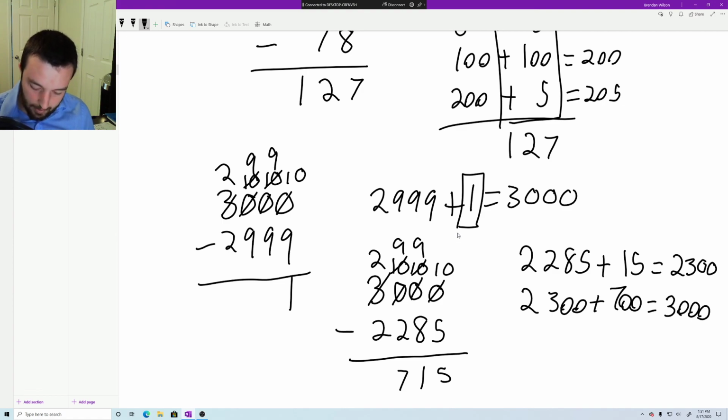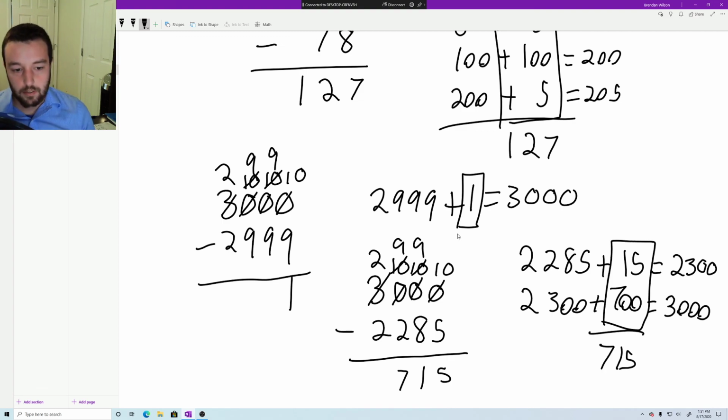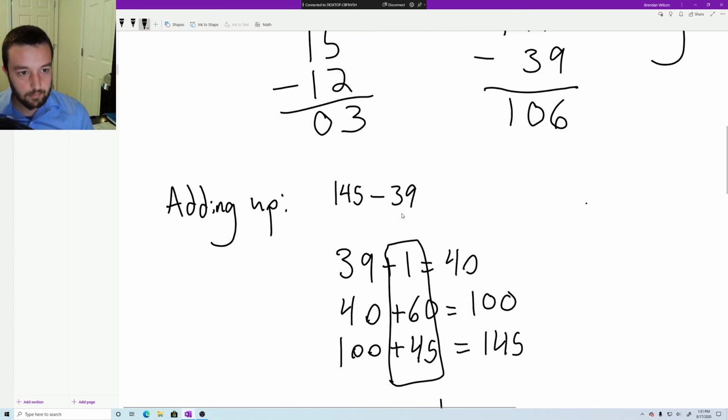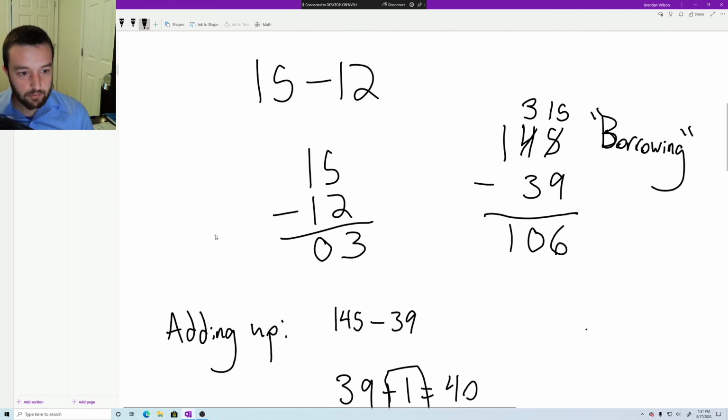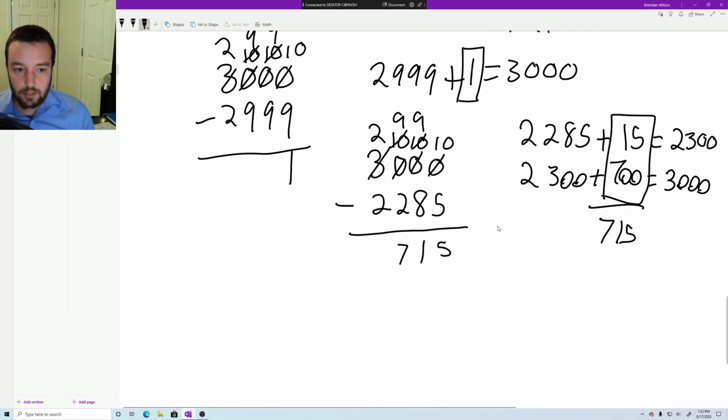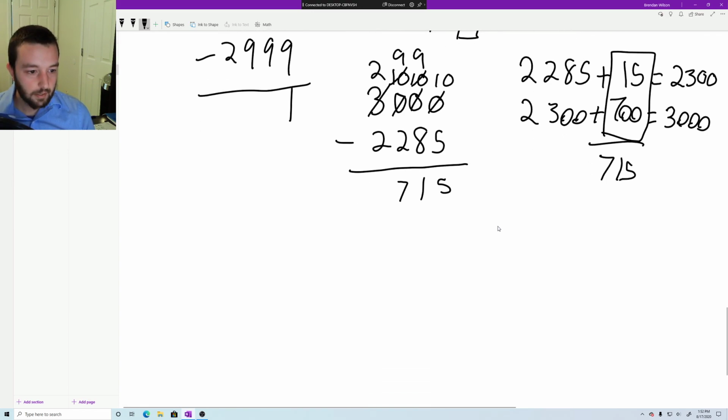Right? And then right here, we just are looking at 700 plus 15 is 715. So in my opinion, this way is easier in this context, but this method might be easier in some contexts, like arguably in this one, for example, or in this one, this wasn't so bad. So which method you want to do is completely up to you. Okay.